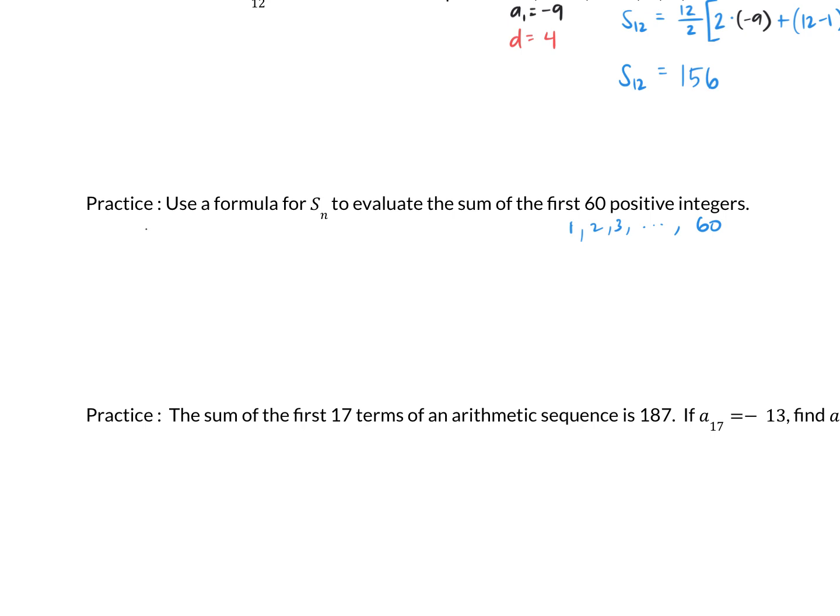So I'm going to find s sub 60, which is going to be equal to n divided by 2, so 60 divided by 2, times a sub 1, which is 1, plus a sub 60, which is 60 in this case. Now, this formula should look pretty similar to the formula that we talked about last class.